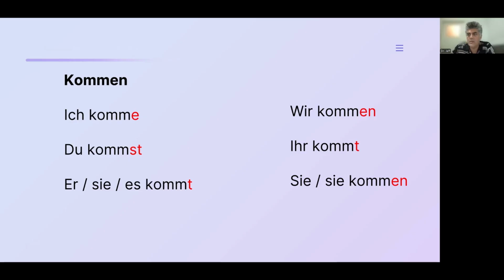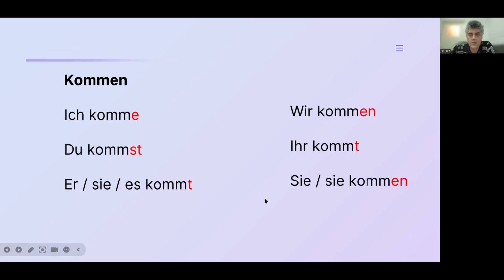So how do we understand which kommt the text means? The context tells us. Kommt is used for ihr, and for er, sie, es. So the context shows, and the pronoun shows. Pronoun is used always with the verb. And sie, we have three of them here. Sie kommt, this is she comes, and sie kommen, they come.